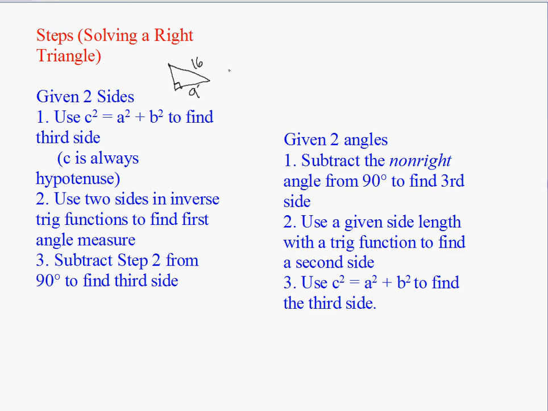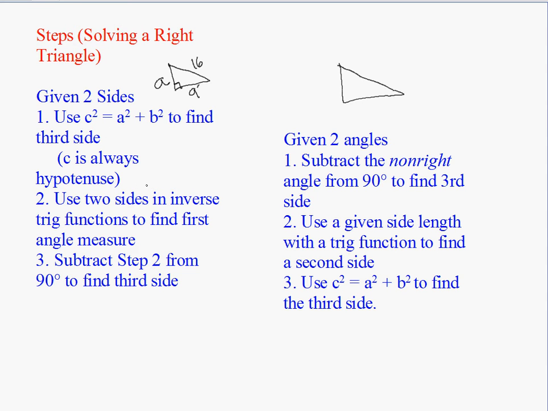Something's always going to be the easiest to find. It's either going to be the third side or it's going to be the third angle. Step 1, I will use the Pythagorean theorem to find this third side. Let's call this side A. C is always the hypotenuse. So 16 will go inside for C.